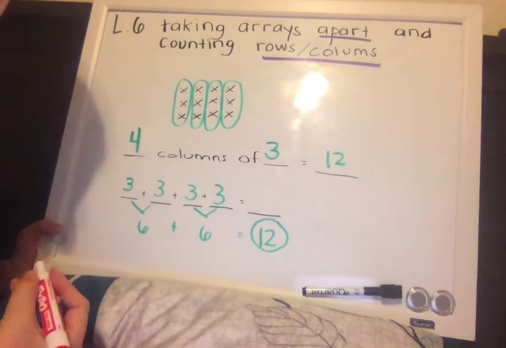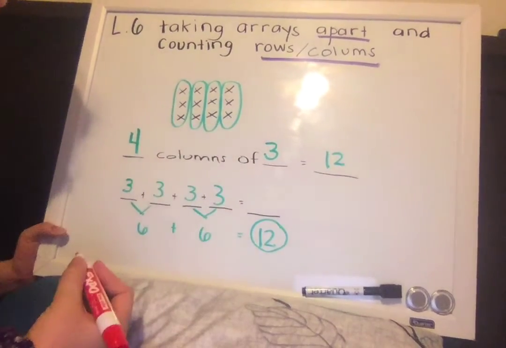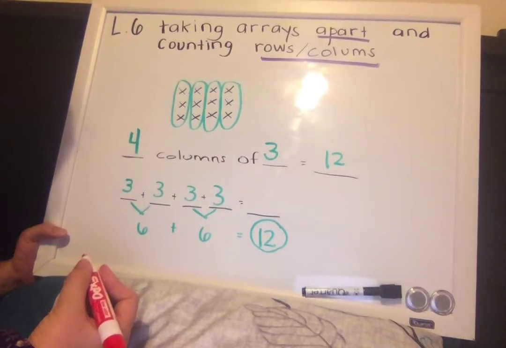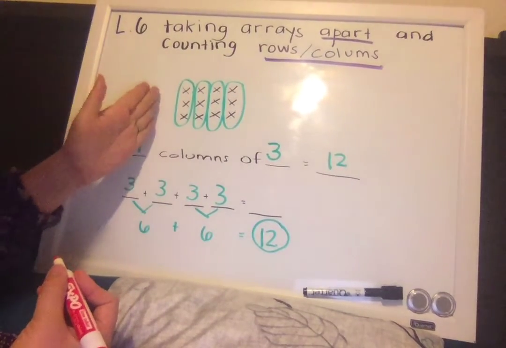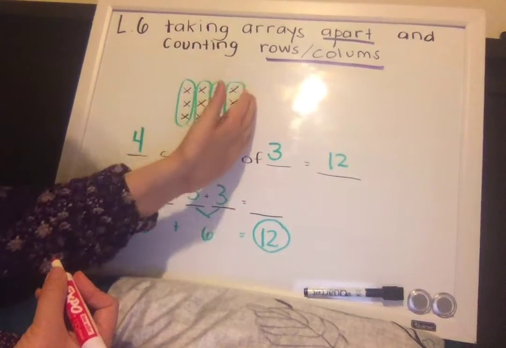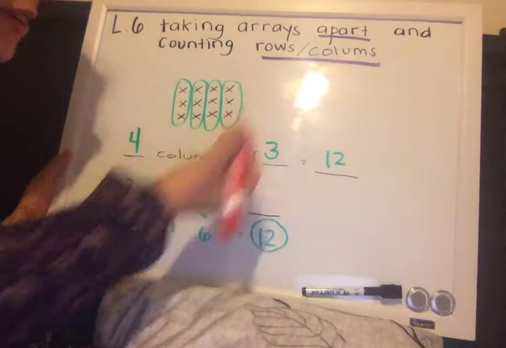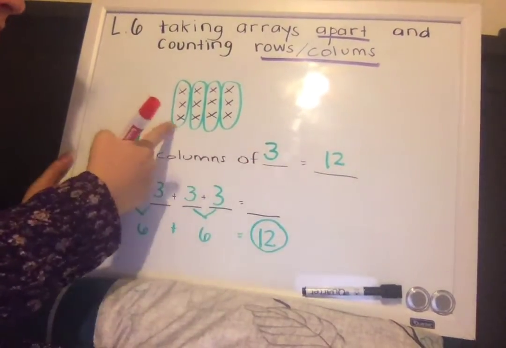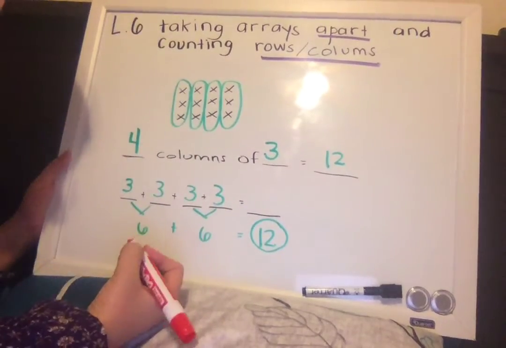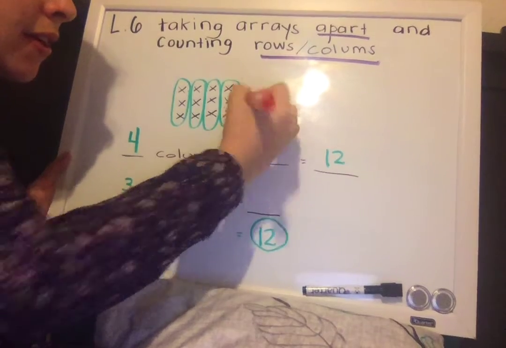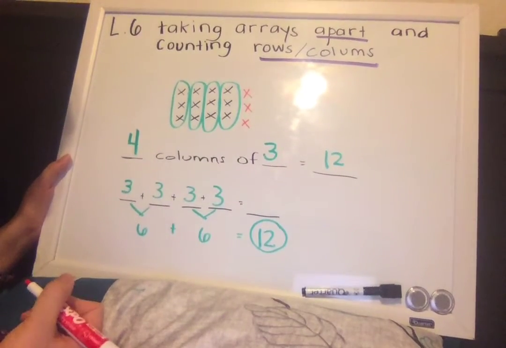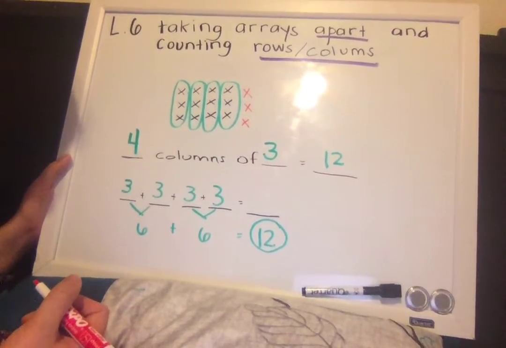If I have my array, and I'm going to use a different color just to show you, and I want to add another column, I know that it has to go up and down. So I'm just going to add it right at the end of this one, okay? And I know that it needs to have 3 because each one of these had 3 X's in them. So I'm just going to add my 3 X's. Now I have an extra column.